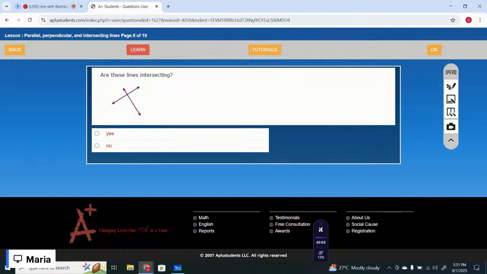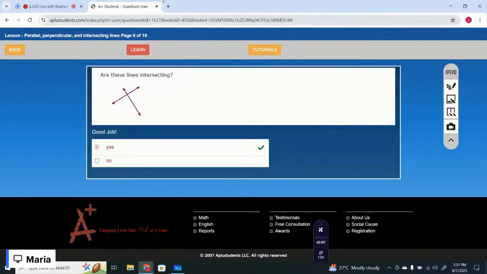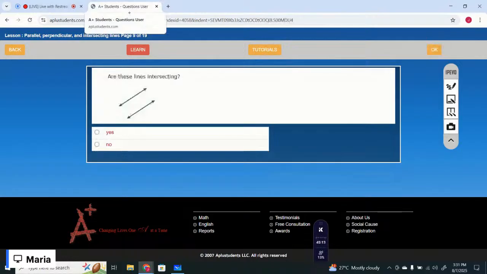Are these lines intersecting? Yes, they are intersecting lines. Are these lines intersecting?